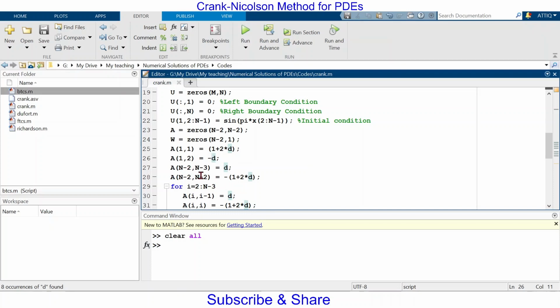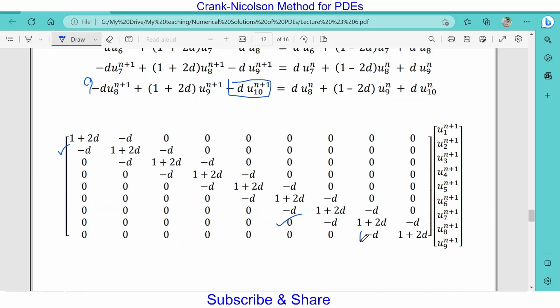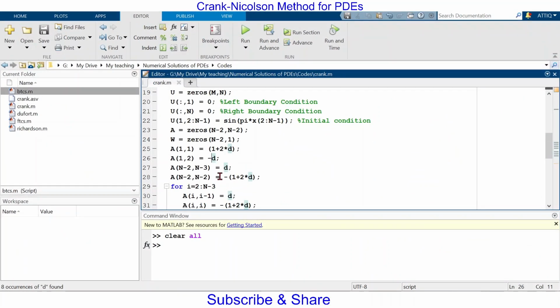And similarly for the last row, n minus 2, the column one back is minus d, and last row last column is 1 plus 2d.